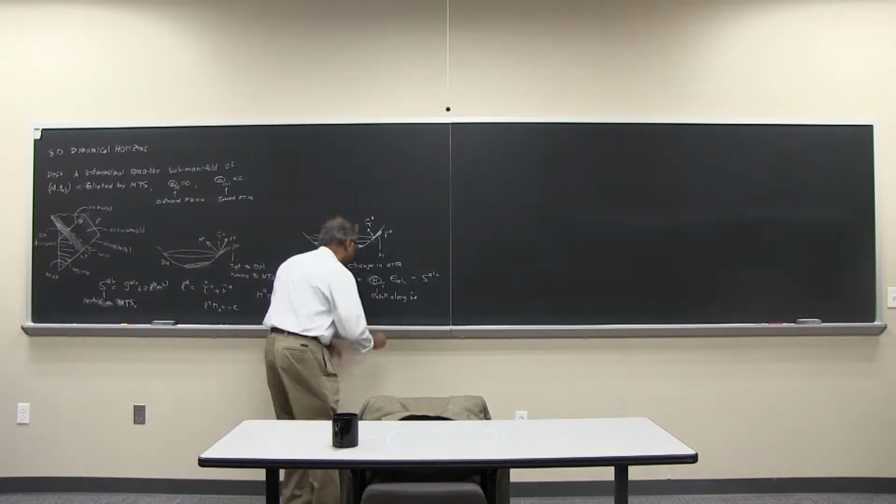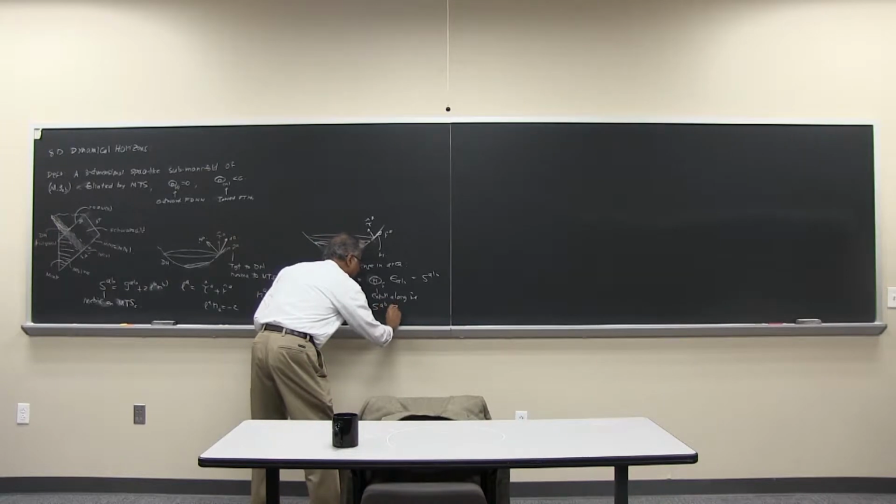So this quantity theta is just given by S^AB times grad_A of r hat_B.